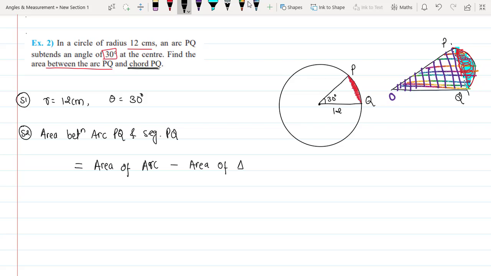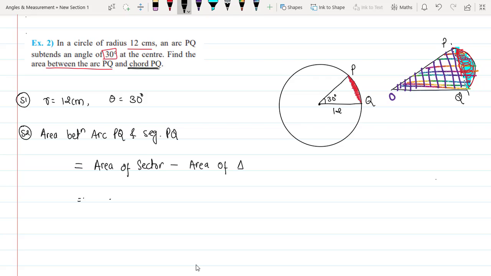Is it okay? What is the name of that arc's area? Area of sector, exactly, that's great. Thank you so much. So which sector do we have? It's POQ.